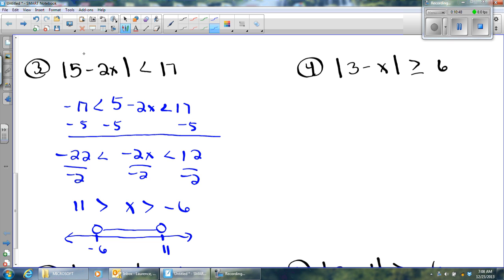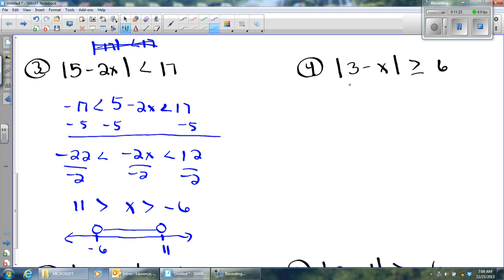Well, 5 minus 24 would be negative 19, excuse me. Absolute value of negative 19 would be 19. Is that less than 17? Nope, it's not. So 12 does not work.